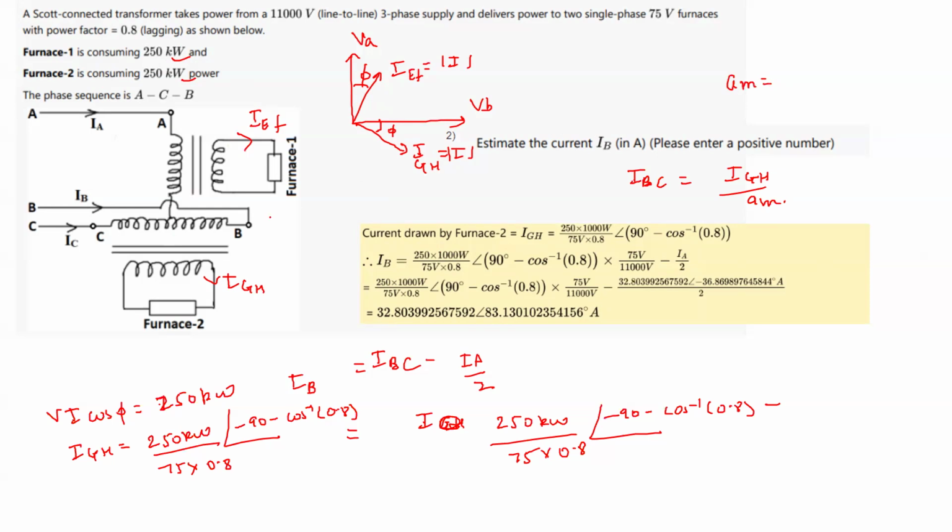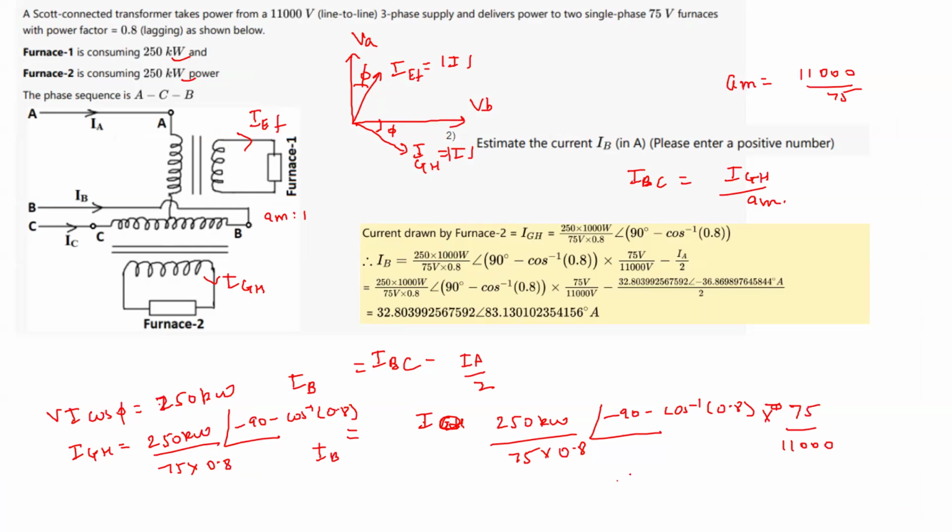AM is to 1. AM is nothing but simply 11,000 by 75. So IBC is IGH by AM. So here IB becomes this multiplied by 1 by AM, right? So 1 by AM means 75 by 11,000.